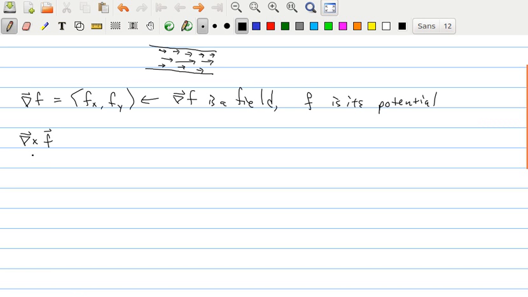The next operation we'll look at is called the curl of a vector field, and this is denoted as this del symbol cross f. And this is the curl of f. What this tells us, in some sense, at a given point, is how much twist there is in a vector field. If we take this example up here of fluid flowing through a pipe, at these points where the pipe is straight, you would expect there to be no real bend in the vector field.